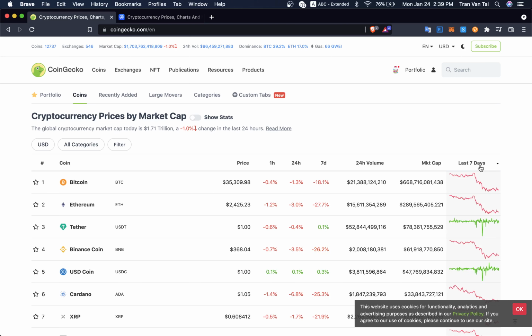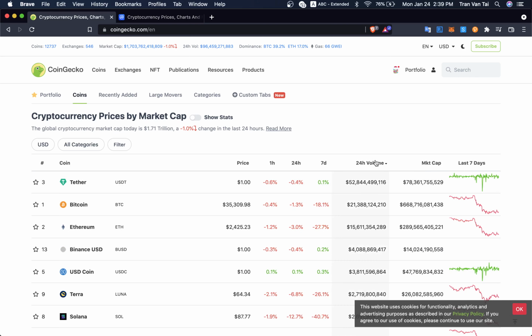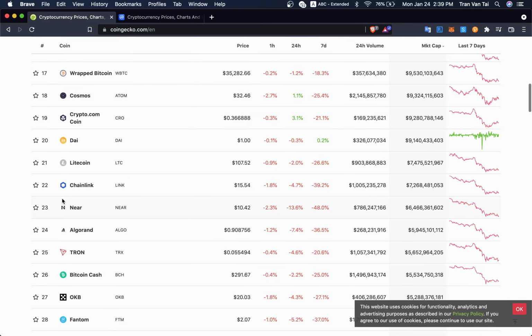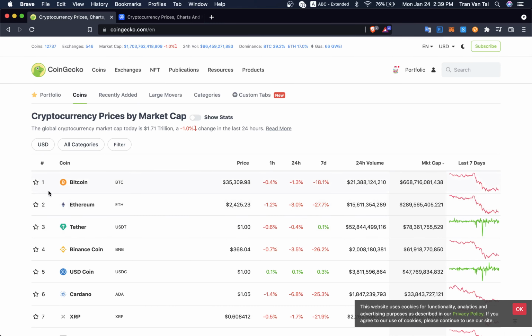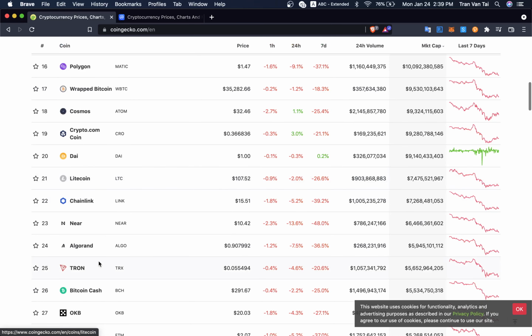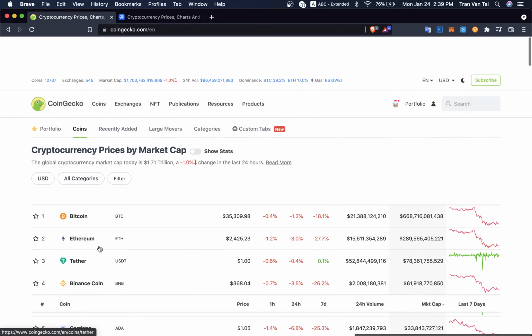Here you can see the chart within 7 days, ordered by volume and market cap. Those are the tokens ordered by market cap. Bitcoin is number one, Binance Coin is number 4, and so on, Dogecoin and others. A lot of tokens here.